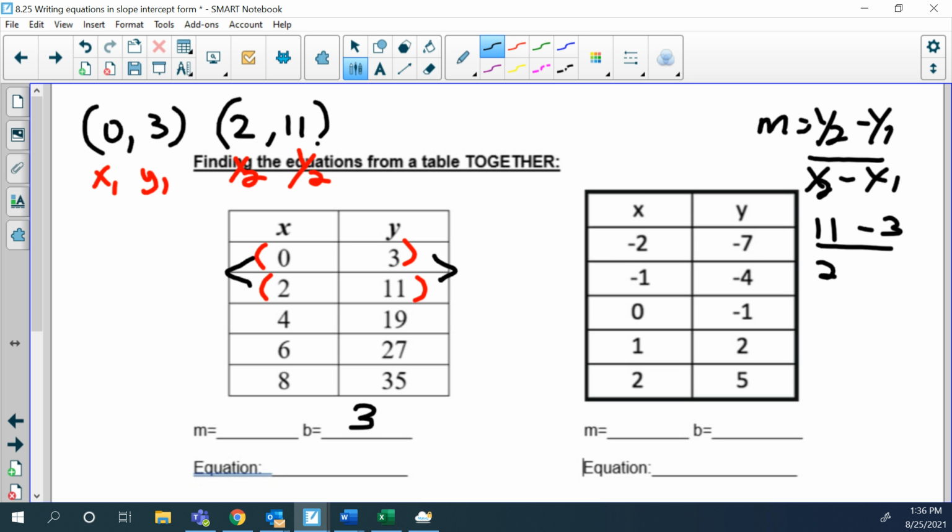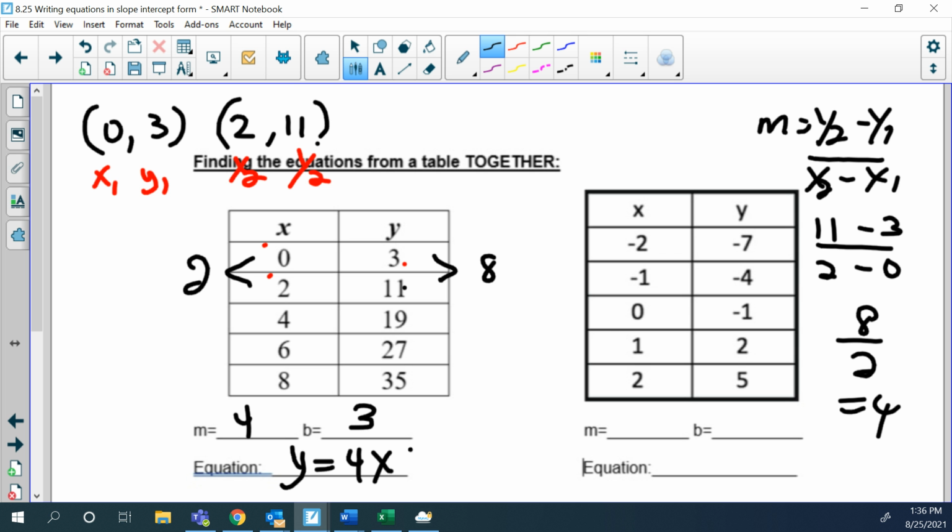And my x1 is 0, so that's minus 0. 11 minus 3 is 8, and 2 minus 0 is 2. It's the same thing now. Look at this, the change in value. 11 minus 3 is 8, and 2 minus 0 is 2. See, I got the same thing over here. And so 8 divided by 2 is 4. So my slope is 4. And so my equation now is going to be y is equal to 4x plus 3.